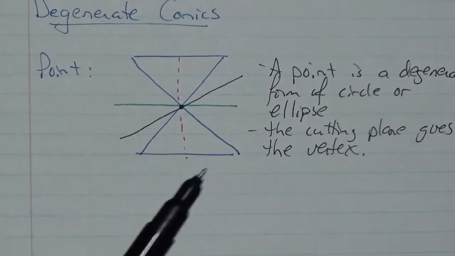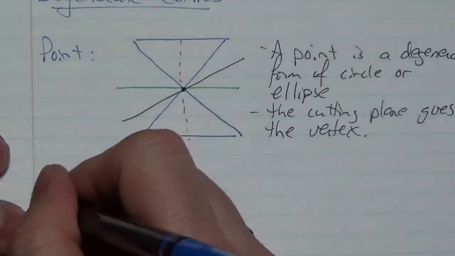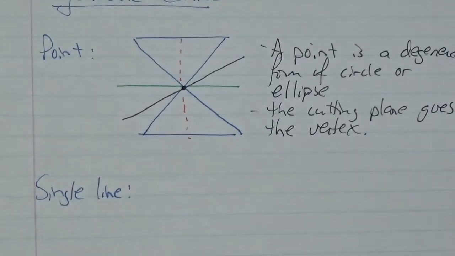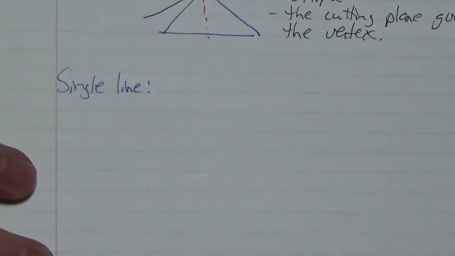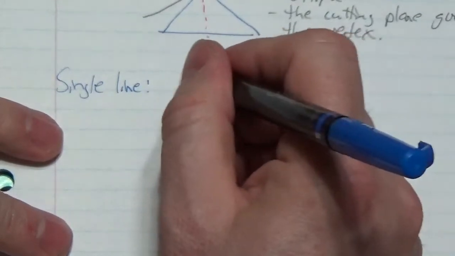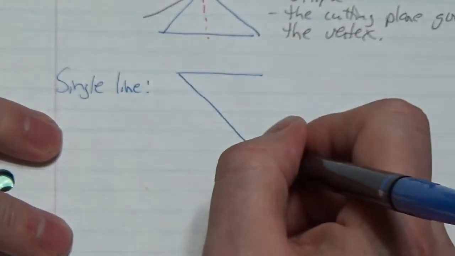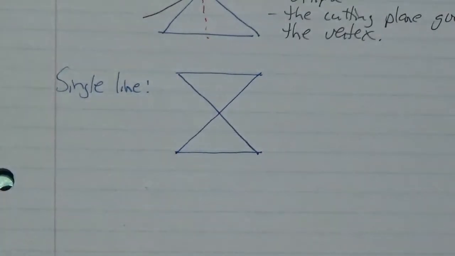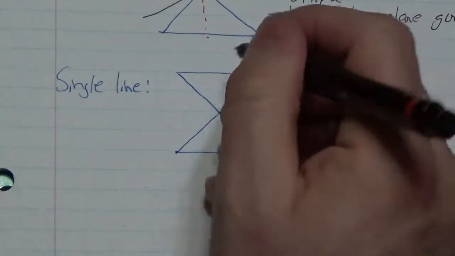Now, another form of degenerate is a single line. Okay? Now let's just think about this. I'm going to draw another example of the double nap cone from the side. Okay. Now, I should put my axes there.